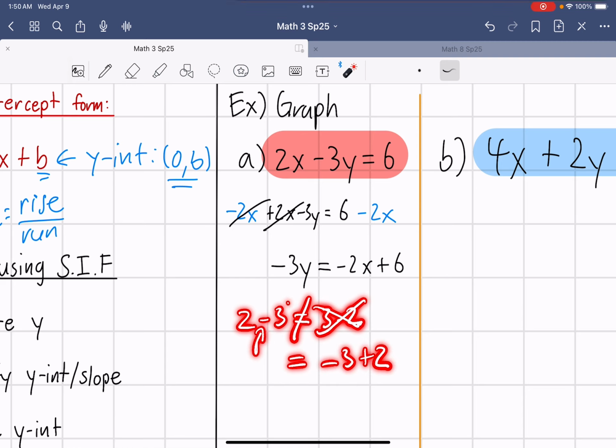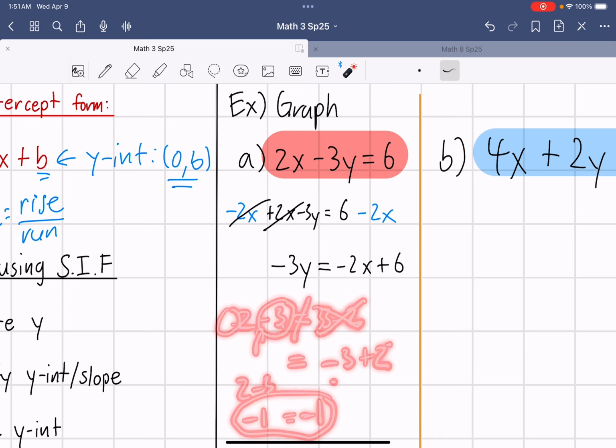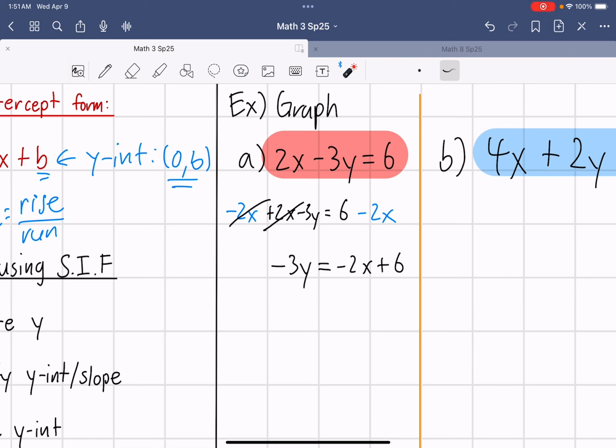That negative stays with the 3. The positive stays with the 2. That will give me the same answer because 2 minus 3 is -1. And -3 plus 2 is also -1. If you were to do 3 minus 2 instead, you would end up with a +1, not a -1. So you're allowed to change the order as long as you keep the sign of that number.